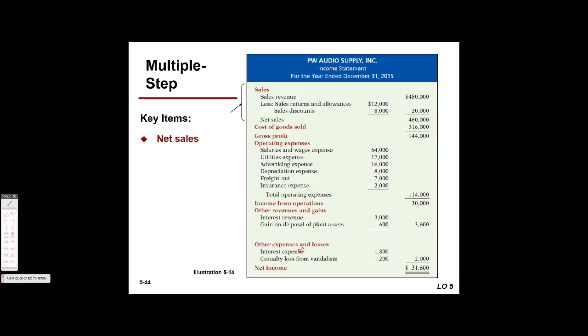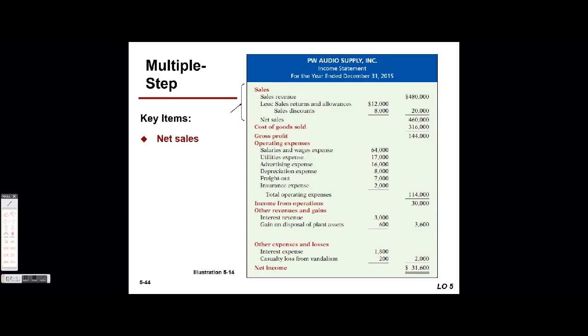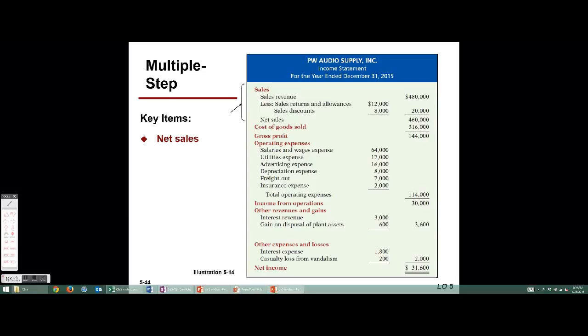If I'm an investor looking at the income statement, my thought process would be that these should be fairly non-routine transactions. So that's our multi-step income statement. We're going to work through the creation of one in just a moment.